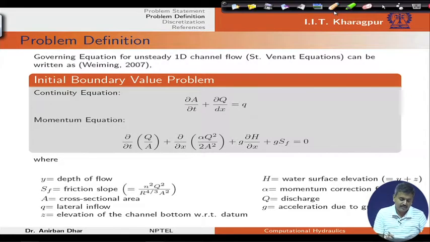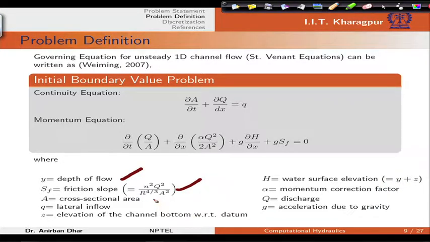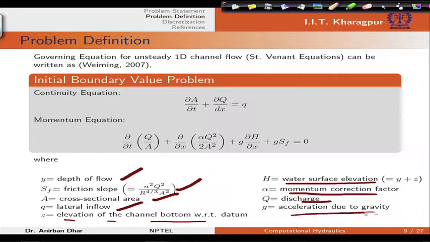So, we have y as flow depth, SF is friction slope, A is cross sectional area, q is lateral inflow to the system, z is elevation of the channel bottom with respect to datum, H is water surface elevation, alpha is momentum correction factor, Q is discharge, g is acceleration due to gravity, and we are considering the flow in x direction only, one dimensional in space.